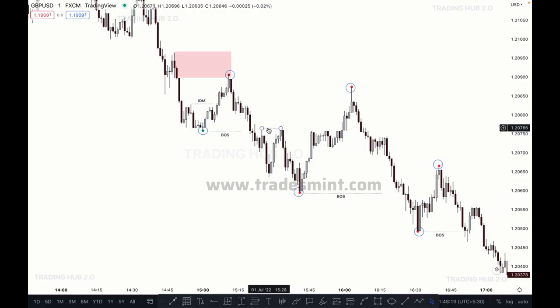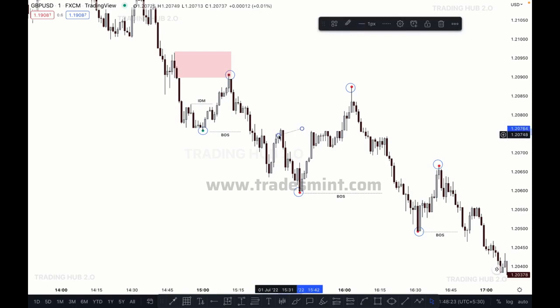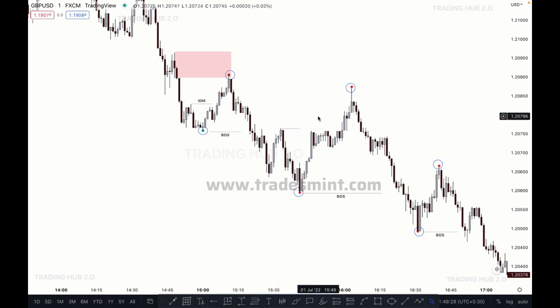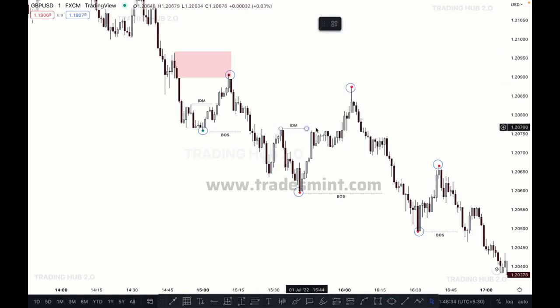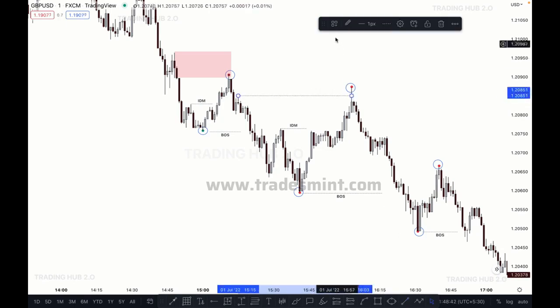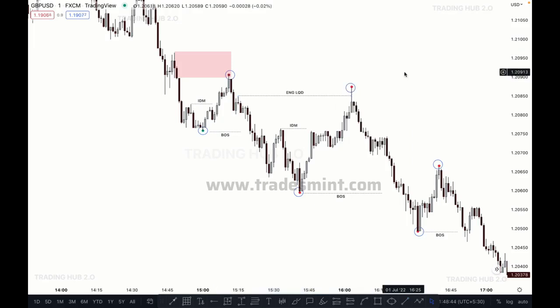So now our inducement shifts here, right. This high becomes our new inducement. The market must take out this high before going downside, and then the market takes this high and pushes even higher to take more liquidity, which is here, and this one is called engineering liquidity.